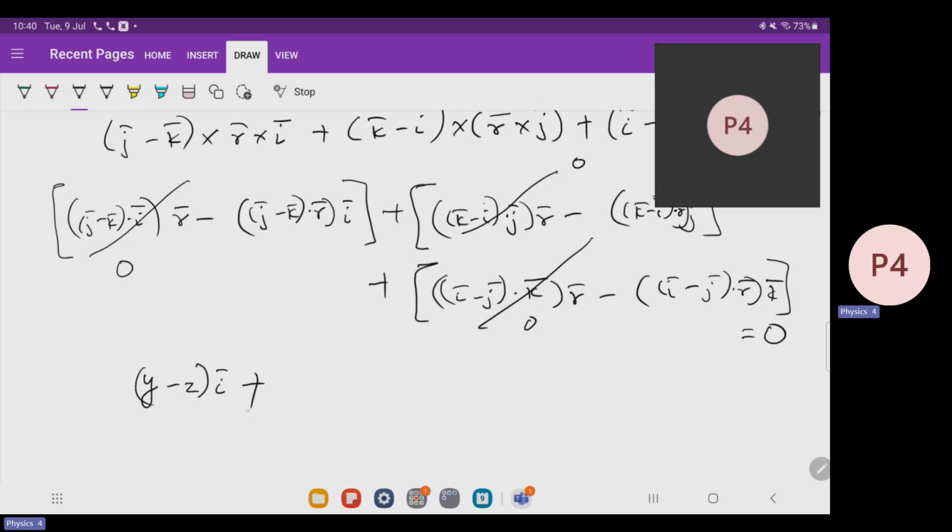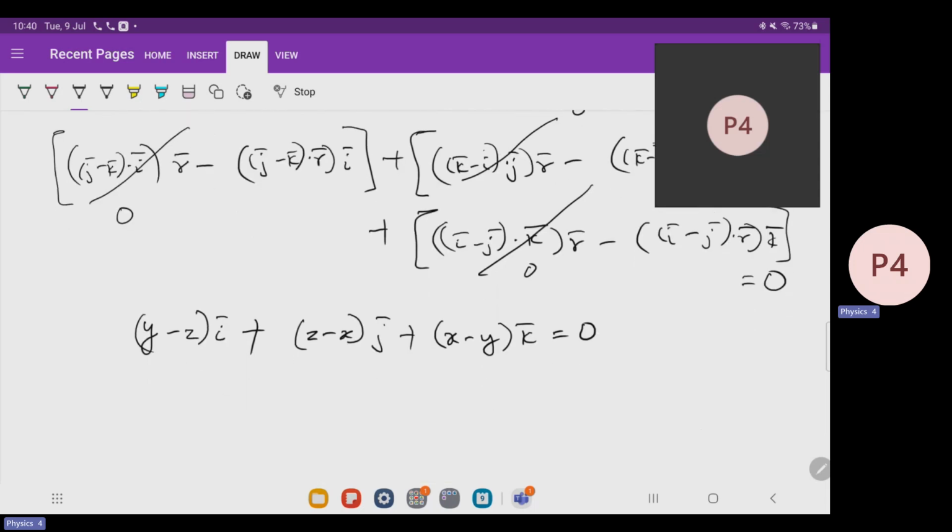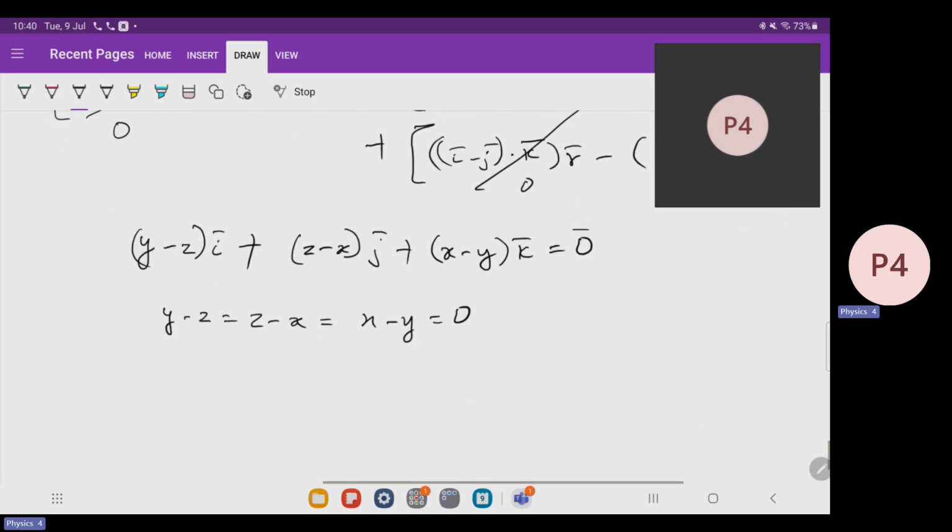So (y minus z) i bar plus (z minus x) j bar plus (x minus y) k bar is equal to 0. Now this is a 0 vector, and i, j, k are linearly independent, so y minus z should be equal to z minus x should be equal to x minus y should be equal to 0.